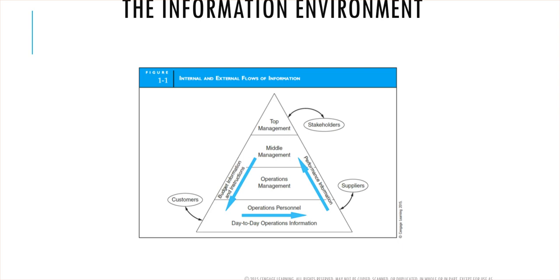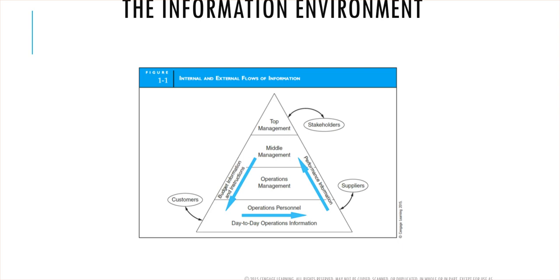You notice the arrows going out. This is talking about the internal and external people that are a part of this. So you're dealing with suppliers, you're dealing with customers, you're dealing with others as well that aren't in here. You have the stakeholders at the top.